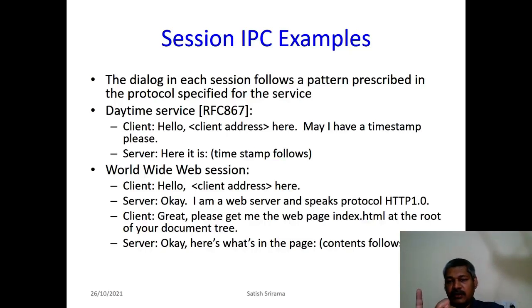Then the client asks, may I have the timestamp please. This is one request which the client sends with all the information: hello, I'm here, this is who I am, the client address, and can I have the timestamp please. Then the server responds, here it is, and sends the timestamp. This has only one request and one response.